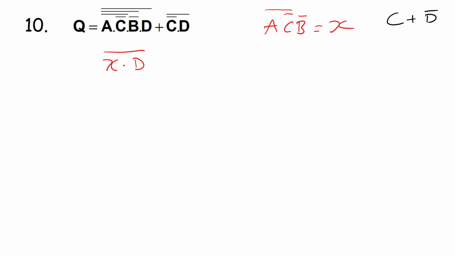And it's actually not X, isn't it? Because look, there's a NAND over the whole. If I'm making A, C, B equal to X, it's actually not X because there's a NAND over it. So let's just De Morgan that. So that would be X or not D, wouldn't it?